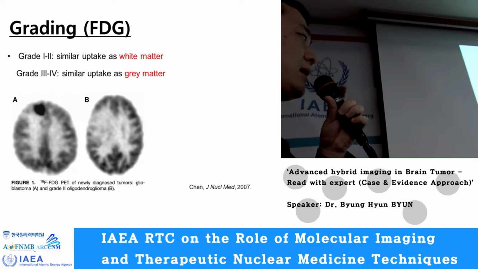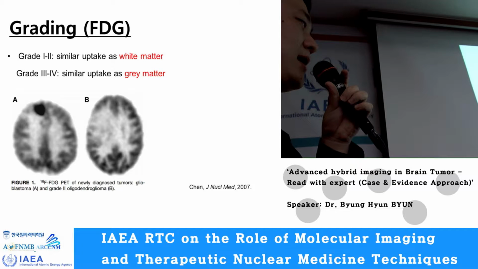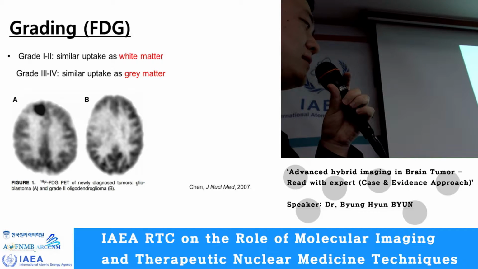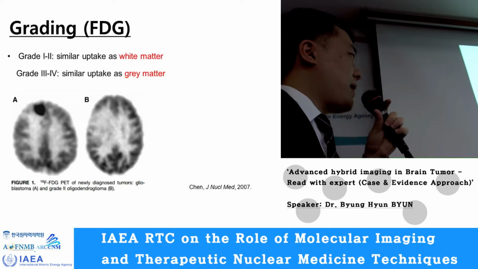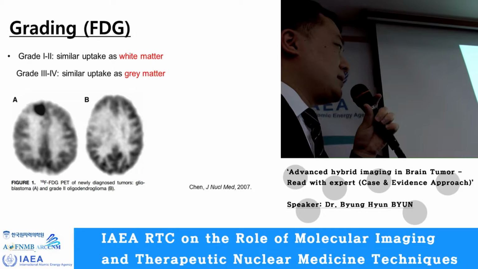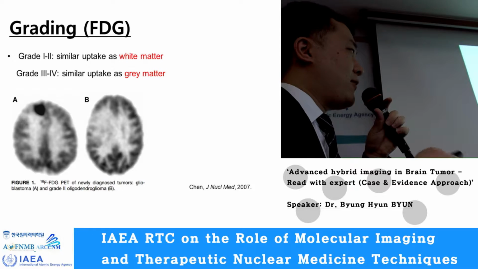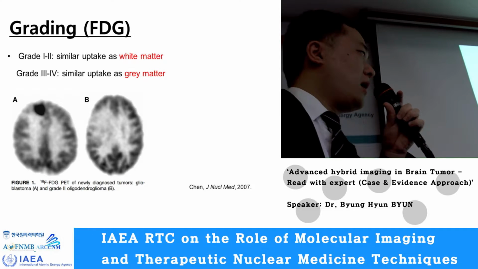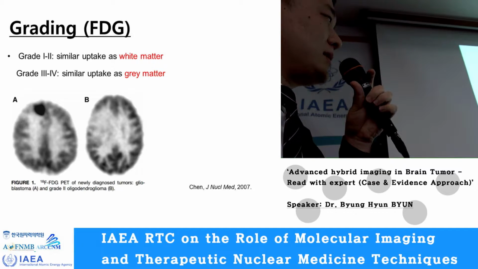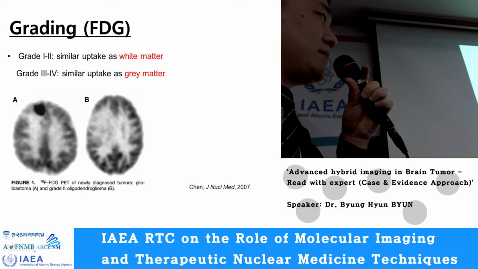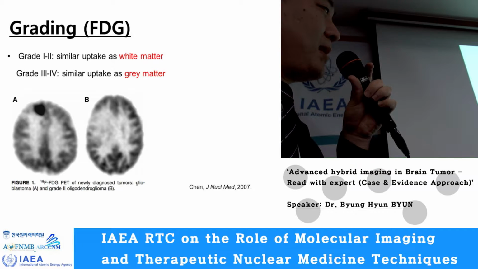For example, there is increased uptake at this lesion. Actually, the tumor was glioblastoma, a grade 4 high-grade brain tumor. Compared with the normal brain parenchyma, there was increased uptake. So it was a high-grade brain tumor. On the contrary, we cannot see significantly increased metabolism in this scan, but you can suspect some lesion here.